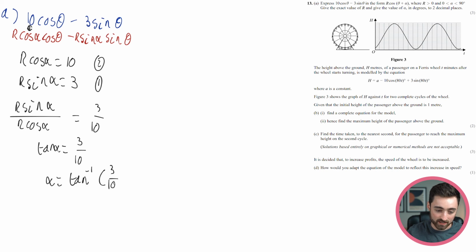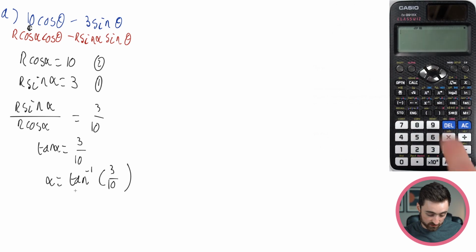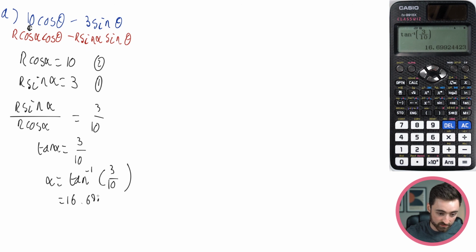Just going quick here. I am in degrees, so let's just do the inverse tan of 3 over 10, or 0.3, which is going to get me 16.699, or 16.7 to 1 decimal place.